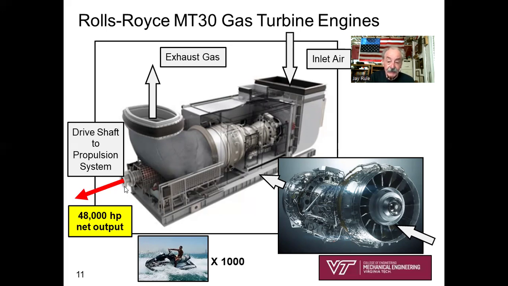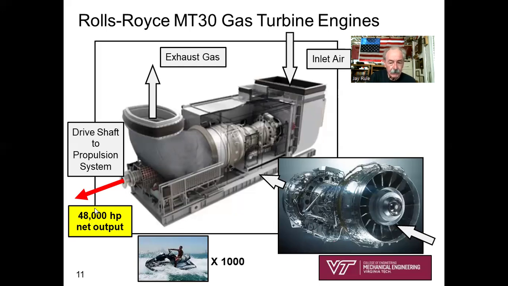The rotating power goes essentially to a pump that takes in water from underneath the vessel and increases that pressure, increasing the kinetic energy of the water. That's what provides the thrust for the vessel to go through the water. I tried to think of an analogy for that much power.